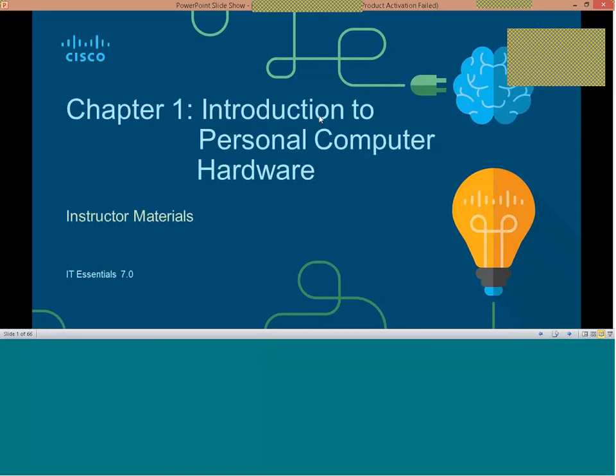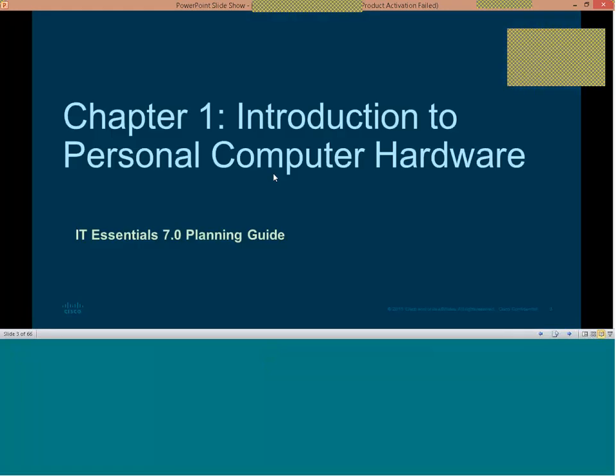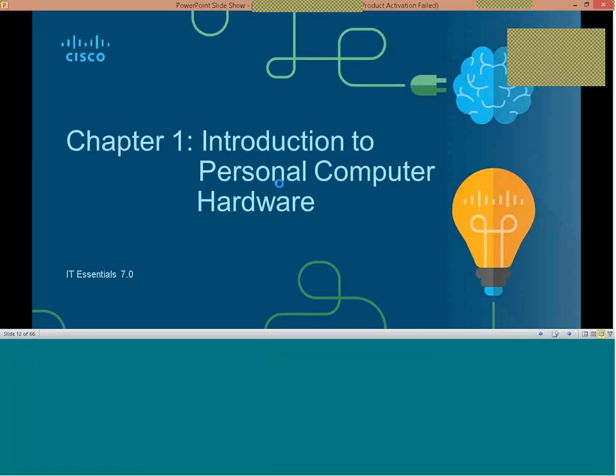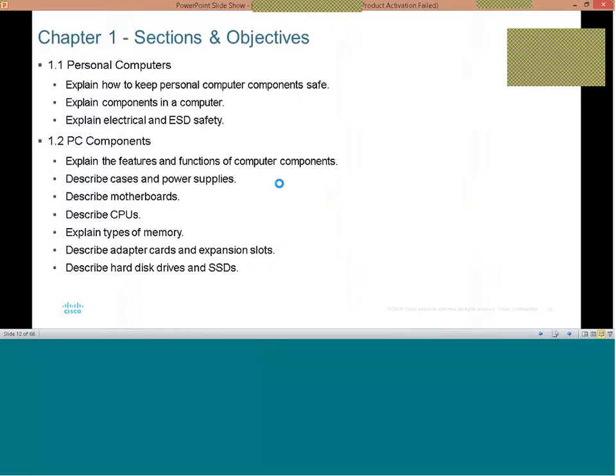So today we'll be looking at Introduction to Personal Computer Hardware. Looking at the personal computer, you're looking at the computer system itself, the components that exist inside the computer. So briefly, we're looking at the objectives.